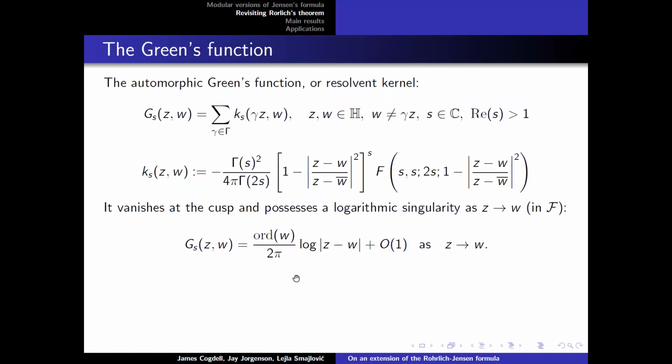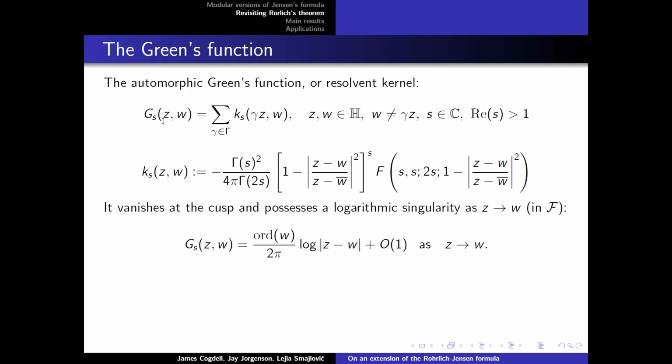Okay, so the Green's function is also called the resolvent kernel. That's the function given as a sum over the whole group of a certain point pair invariant, which looks kind of not so nice, but it possesses some very nice properties. So this is the point pair invariant.